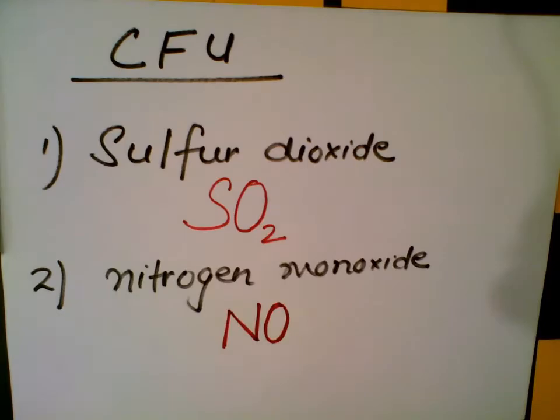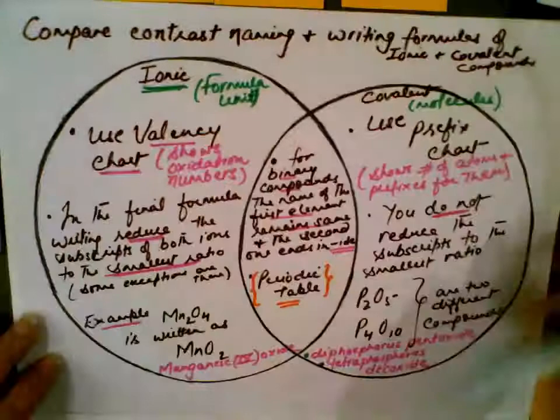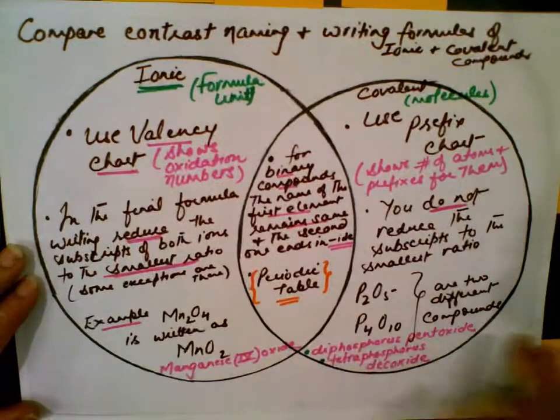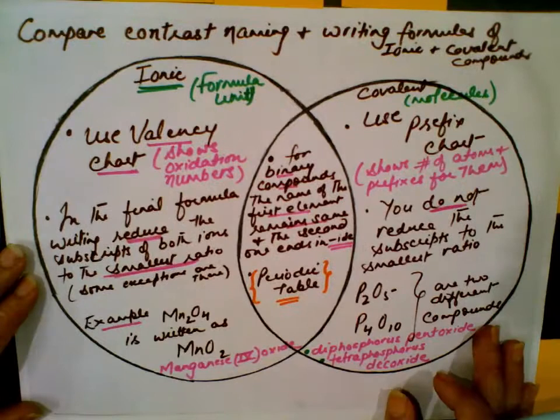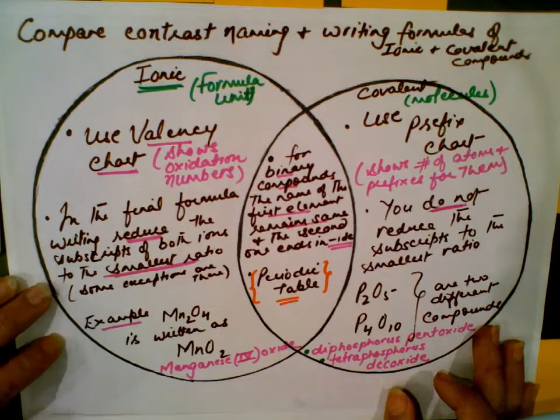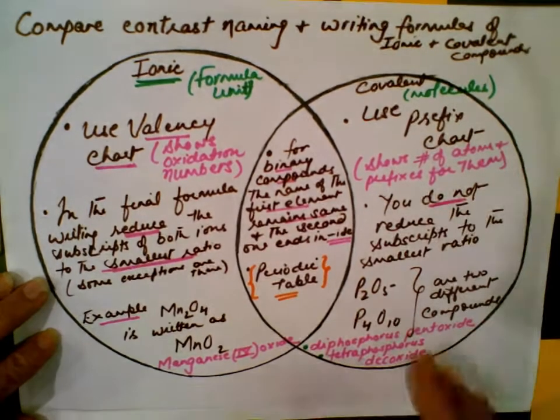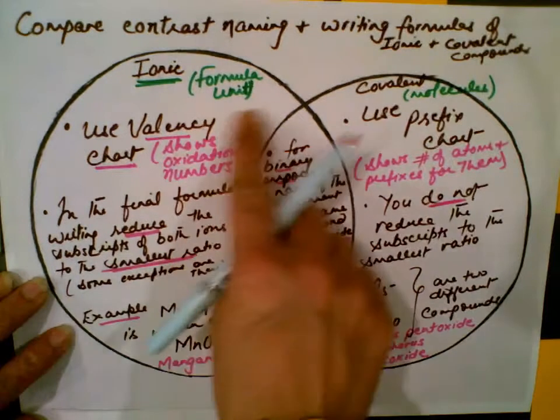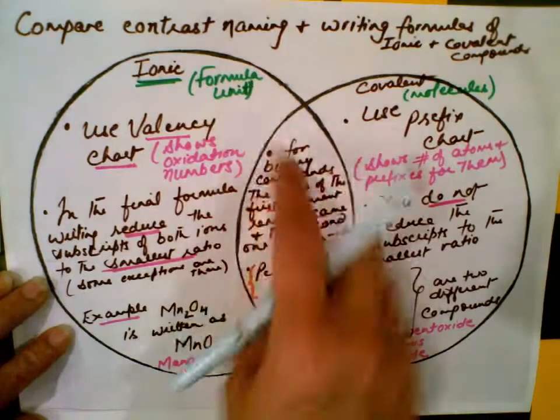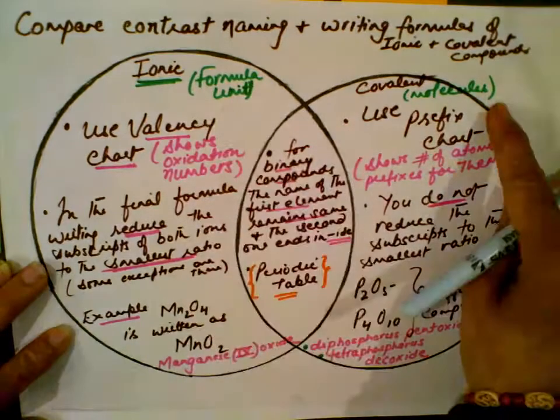Now let's compare and contrast naming and writing formulas for ionic and covalent compounds. Ionic compounds are also called formula units, covalent compounds are also called molecules.